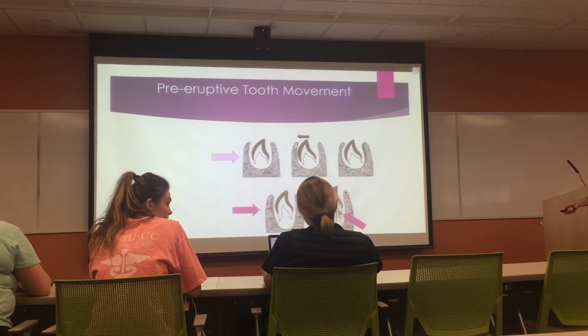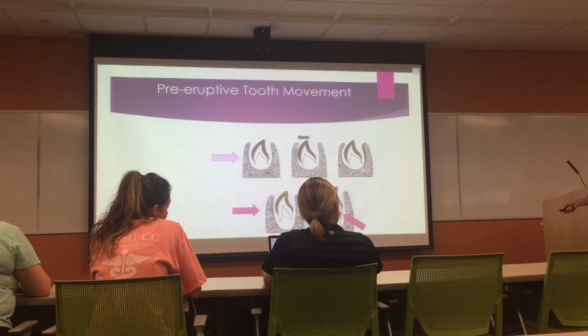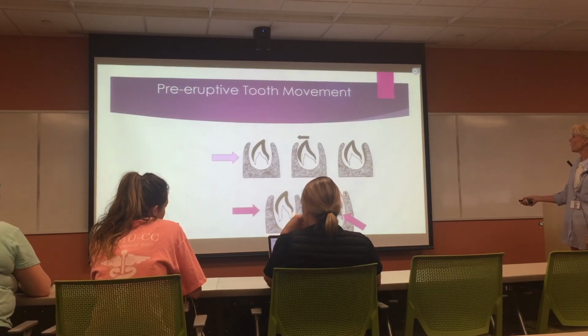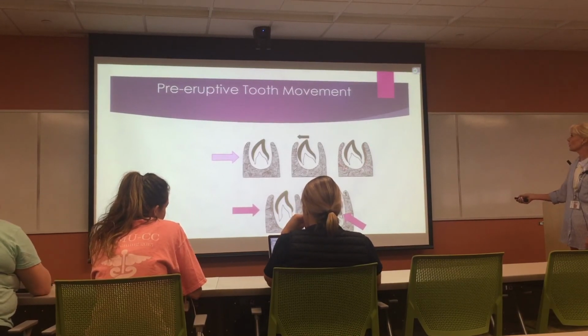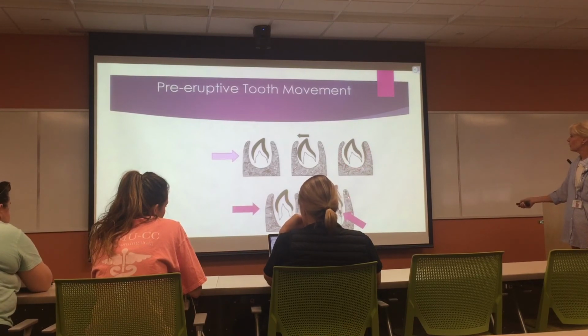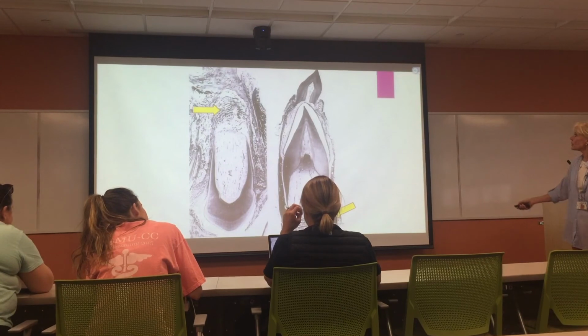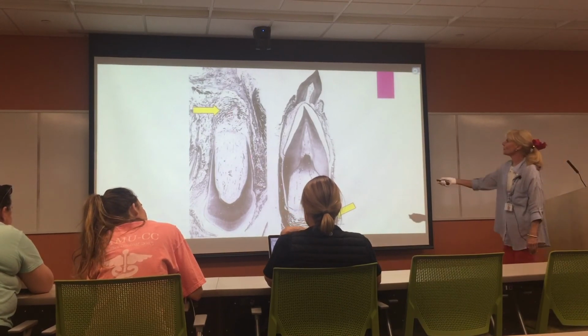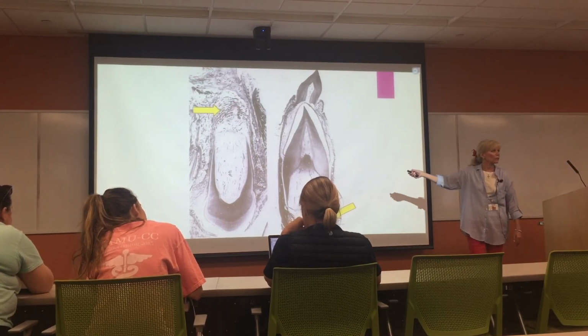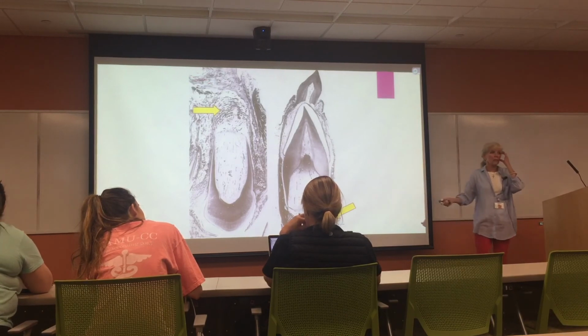Pre-eruptive, eruptive, post-eruptive movements. What's this area called here? Yes, bony crypt. What is this? It looks like a little ladder, a bony ladder, right at the apex.